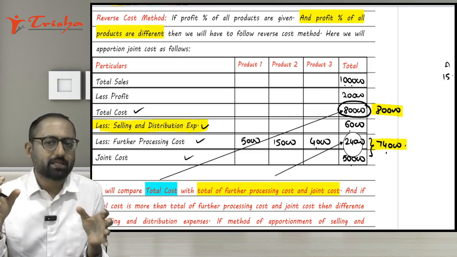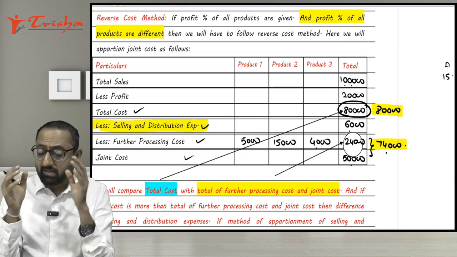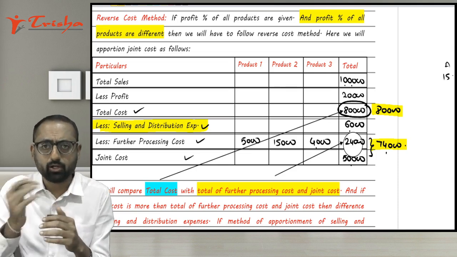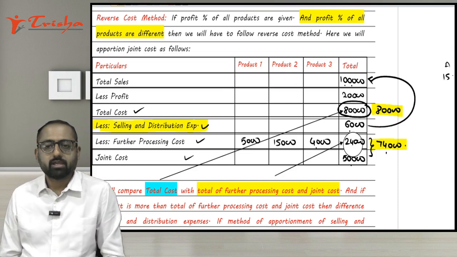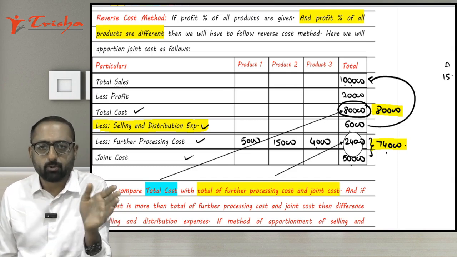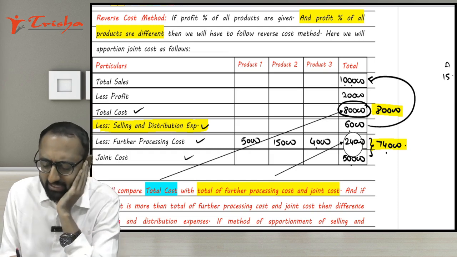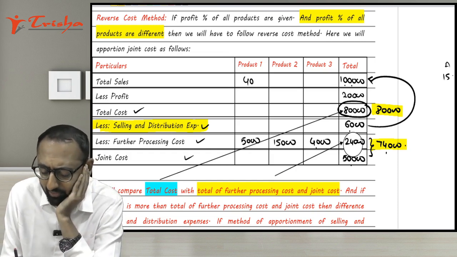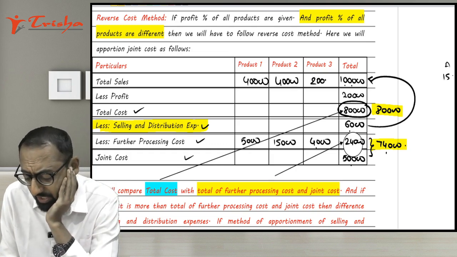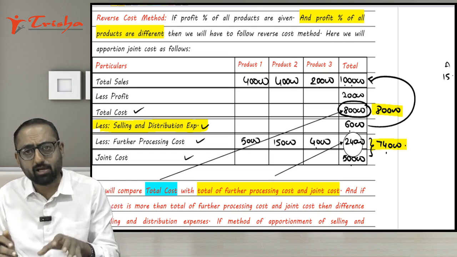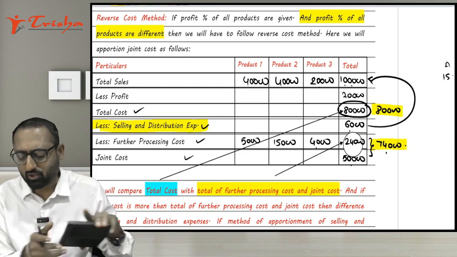In absence of a method given in the question, the selling and distribution expenses will be allocated to various products on the basis of sales value. Say for example, the sales value of the first product is 40,000, the second product 40,000, and the third product 20,000. Then the selling and distribution expenses will be allocated in the ratio of sales value.